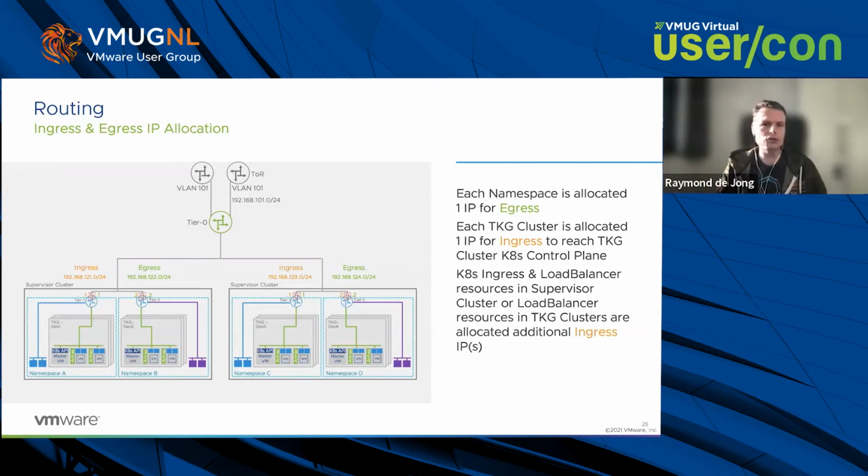And when you create subsequent services of type load balancer, or in case of vSphere pods Ingress, then those will be allocated, if needed, additional IPs for ingress to be able to host that IP and port combination for that given namespace. NSX and Supervisor Cluster will take care of tracking those IPs and allocating those IPs to namespaces. And when you remove those resources, those IPs will become available again.